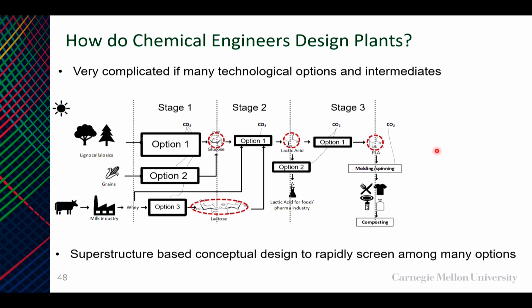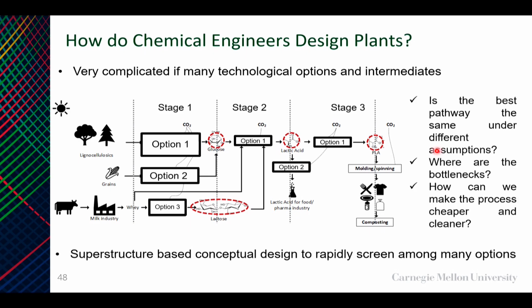So my group specializes in solving this type of problem, and we use what is called superstructure-based conceptual design to rapidly screen among many options. It's not that we design the processes one by one, which would take years, but we use other tools to answer questions like: is the optimal pathway always the same?